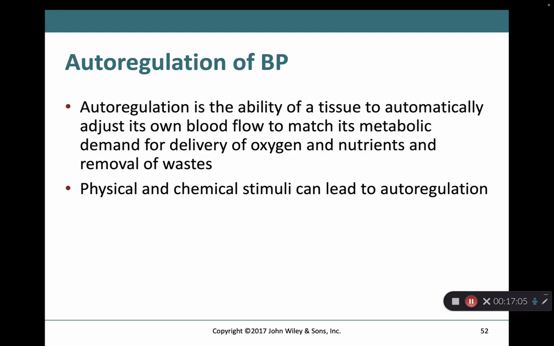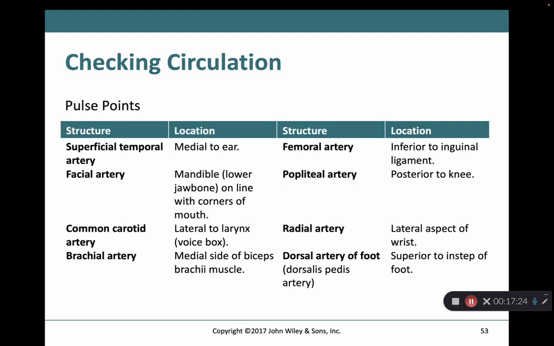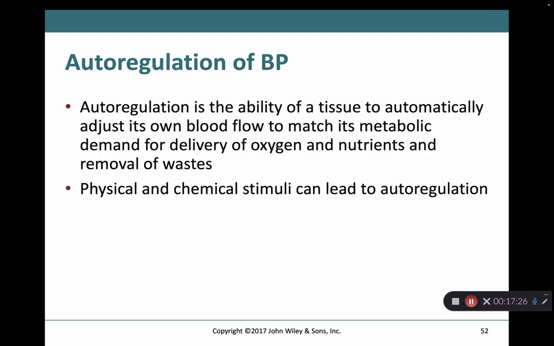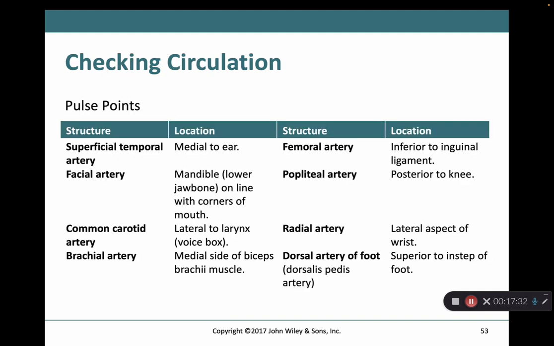Autoregulation is how tissue can adjust its own blood flow to match how much demand it has metabolically, so how active that tissue is in a given time. There are different physical and chemical stimuli that can lead to autoregulation. I just wanted to mention that autoregulation is possible. You don't need to know any details about how this works. We're not going to get into that in this class.